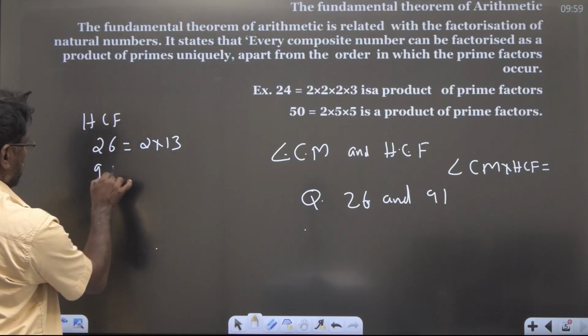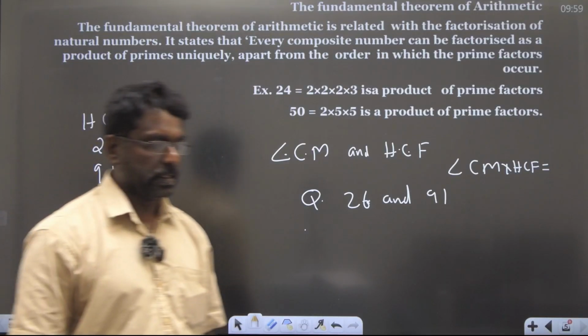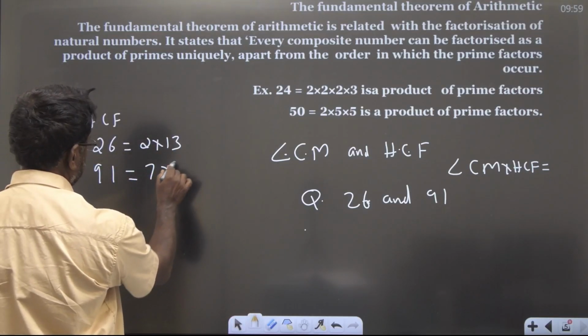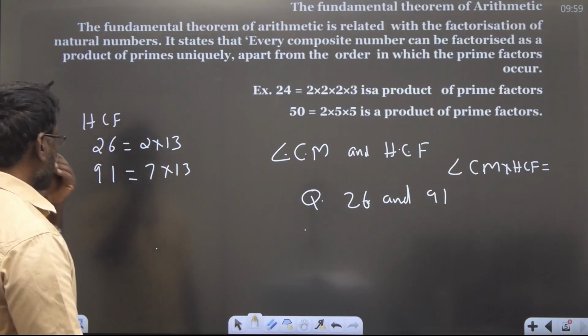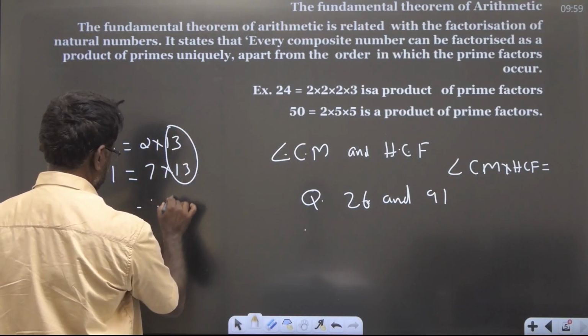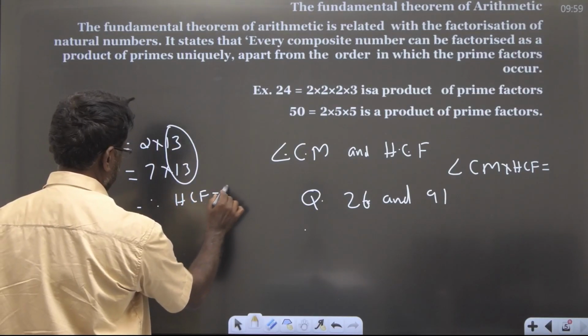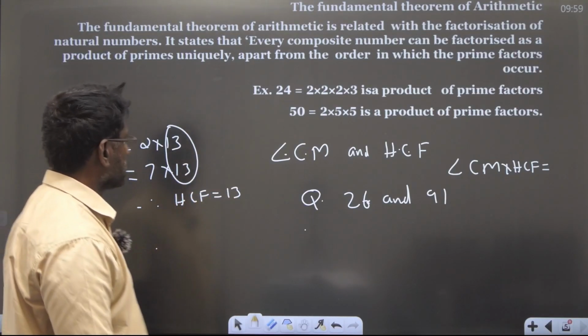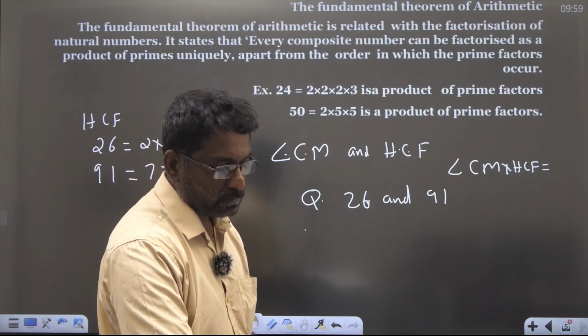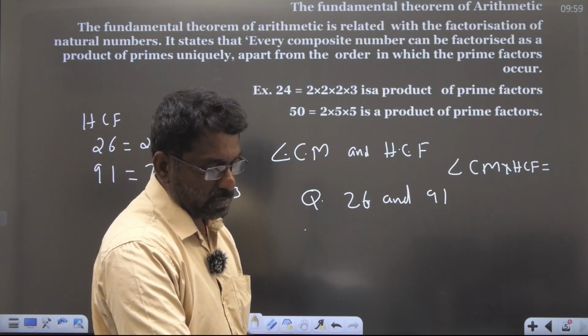And 91 can be 7 into 13. Here the highest common factor is 13. Therefore, HCF is equal to 13.